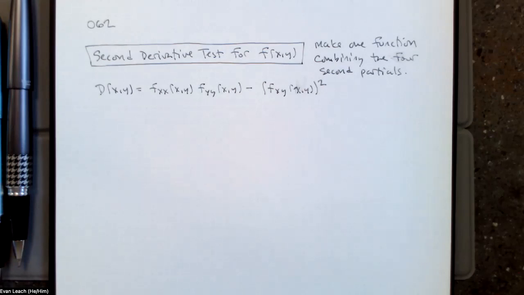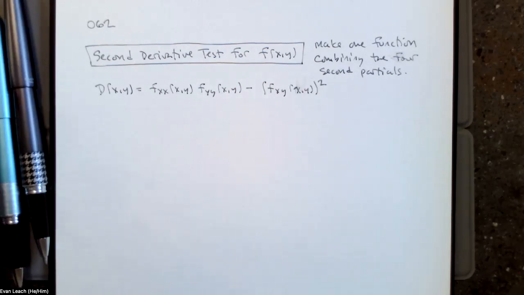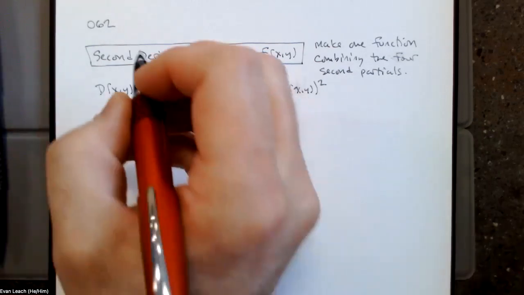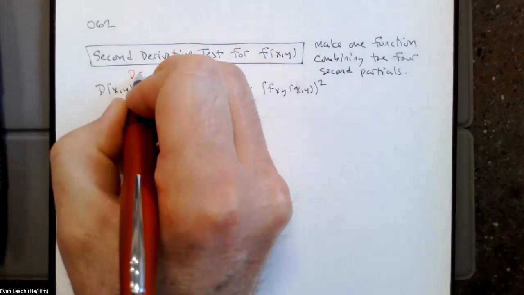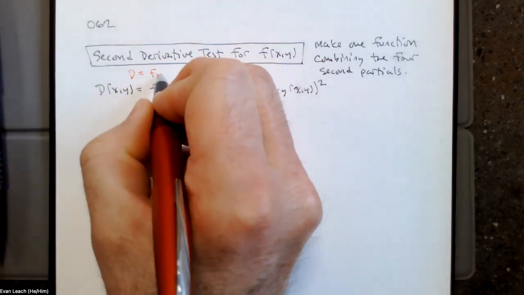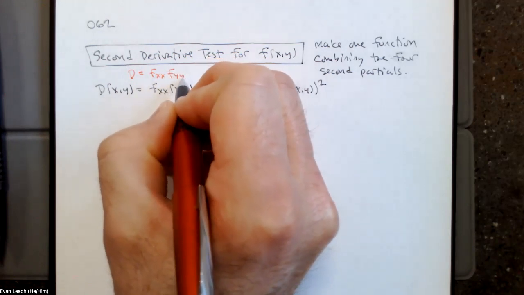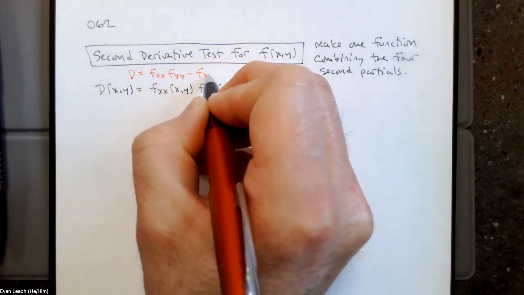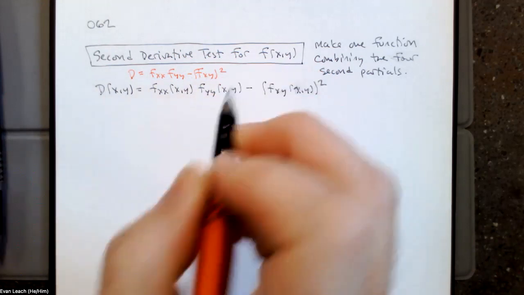I've got fxx times fyy minus fxy squared. I threw in all the xy's because we want to remind ourselves that we're going to be plugging points into this, but this function D is fxx times fyy minus fxy squared.